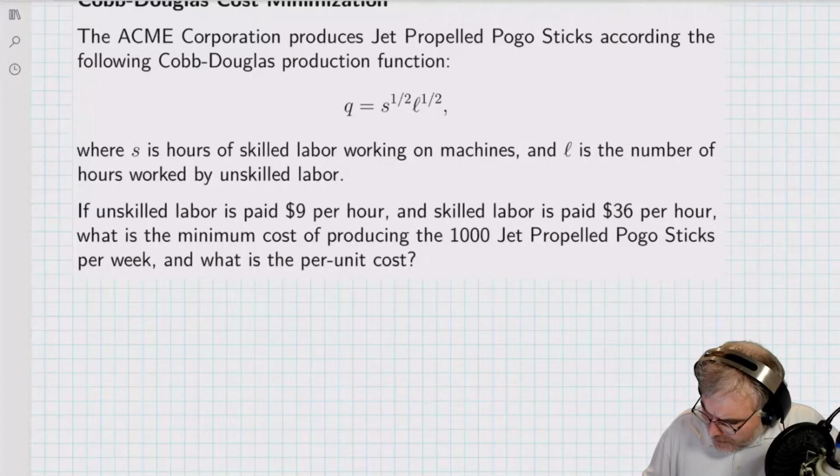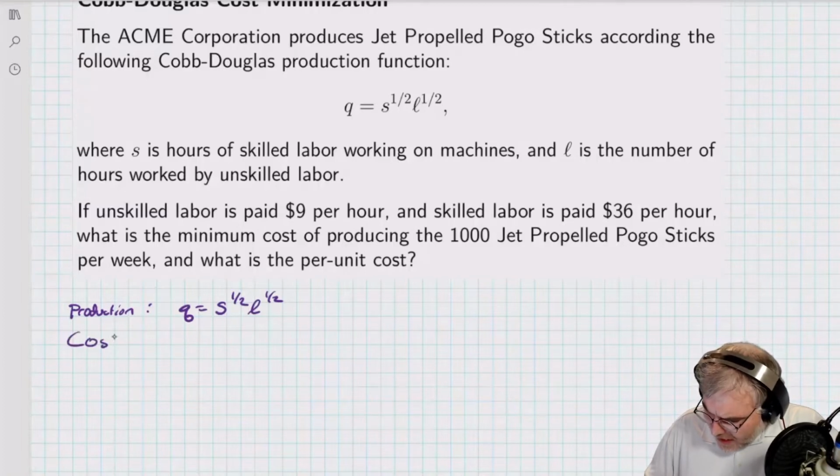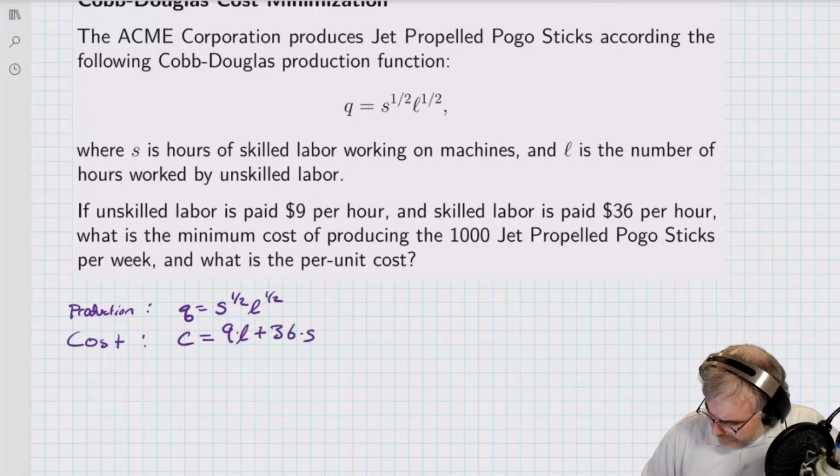Now, traditionally what I would do, the beginning's kind of the same, right? So I've got output, I've got a production function. Here I'm actually producing output, but it could be area or whatever. But here I've got a function that's Q equals S to the 1/2 L to the 1/2. And then I have a cost function, and it's going to cost me the $9 I paid to the unskilled labor, so 9L plus 36 times S. Okay?